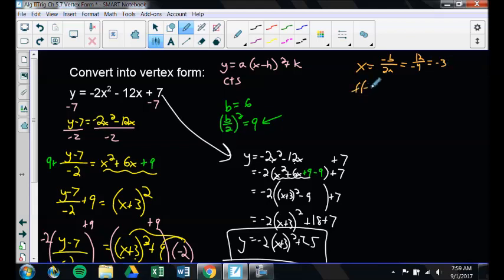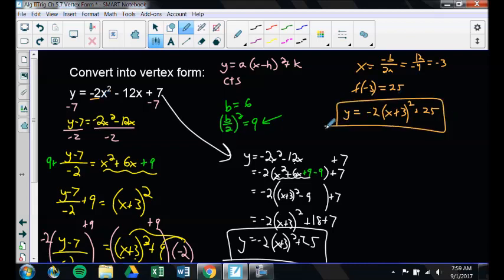Then do f of -3, plug that in, we'll get 25. Oh, okay, so the vertex is at -3, 25. I know the a value is -2. Just snap that -2 in front. There, vertex form. Vertex form because we found the vertex and we already knew the a value.